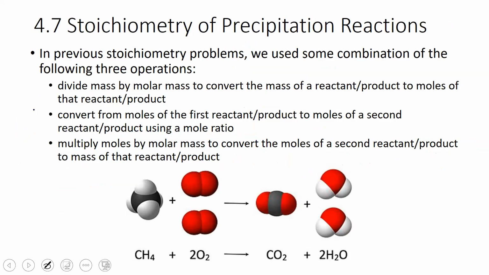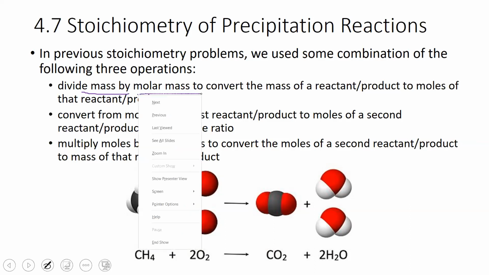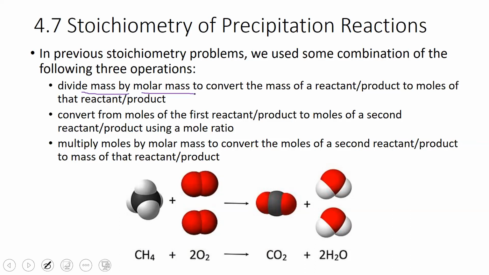Remember, when I'm talking stoichiometry that we've done in the past, we're talking about generally how many moles of something or what mass of something that we've had previously. And so what we started with, if we were given a mass, we would take the mass, divide by the molar mass, in order to get the moles of that product or reactant.